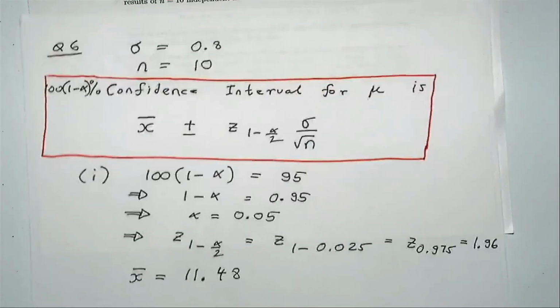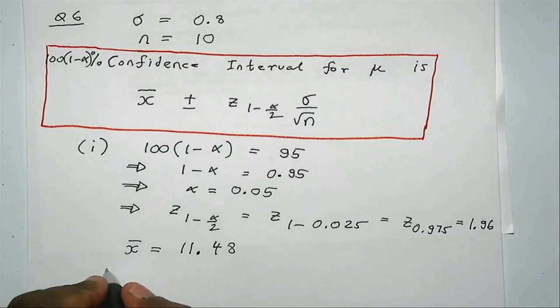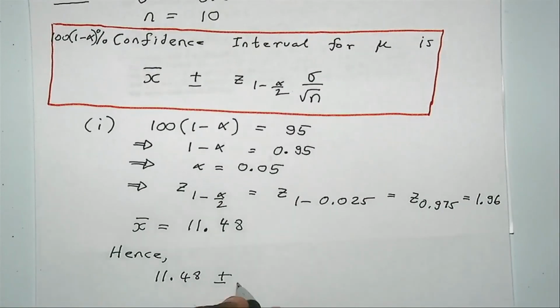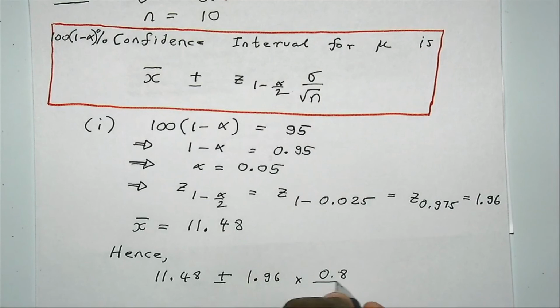So hence the 95% confidence interval is 11.48 plus or minus 1.96 multiplied by sigma divided by root of n.